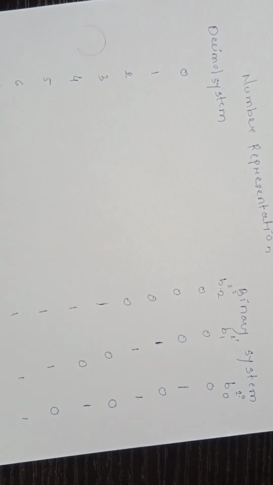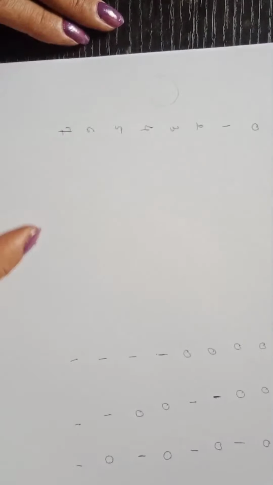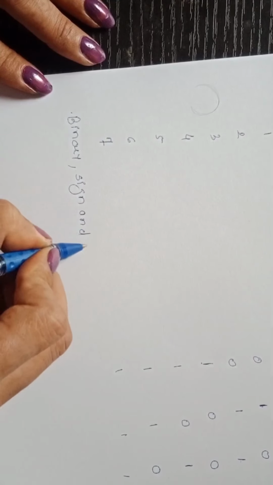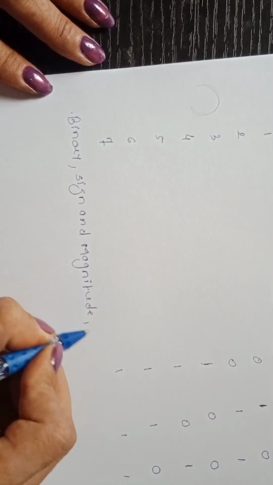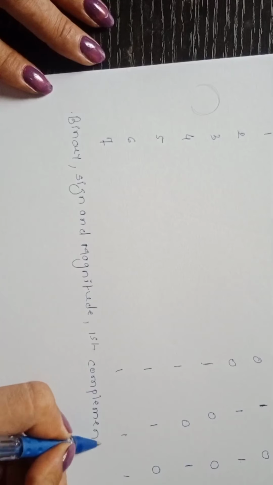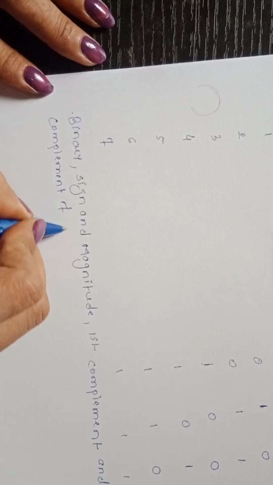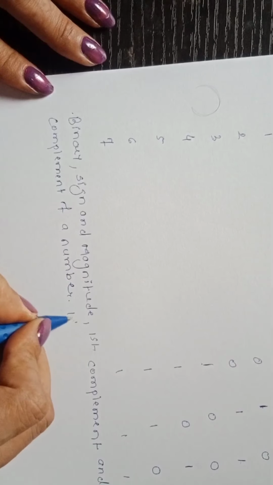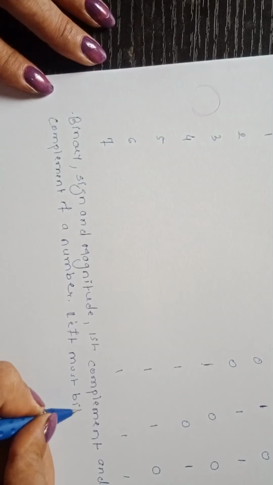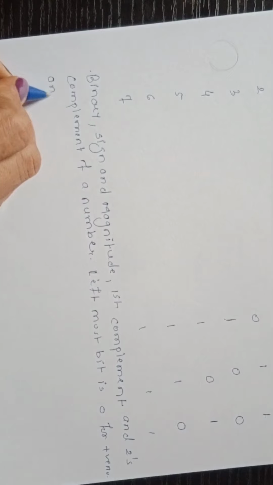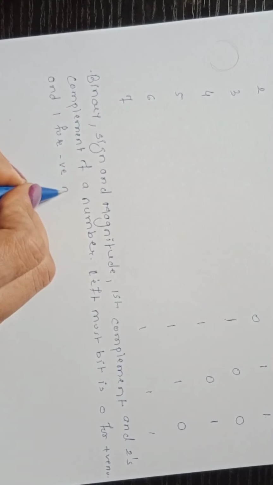In all these systems, that is binary, sign and magnitude, one's complement and two's complement, the leftmost bit is 0 for a positive number and 1 for a negative number.